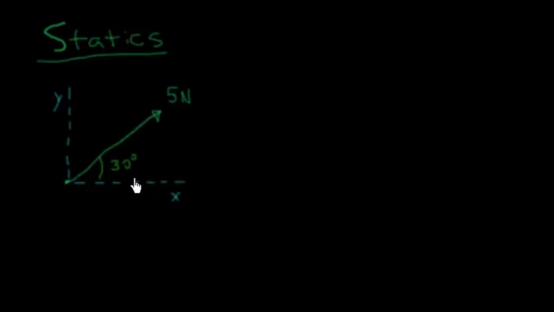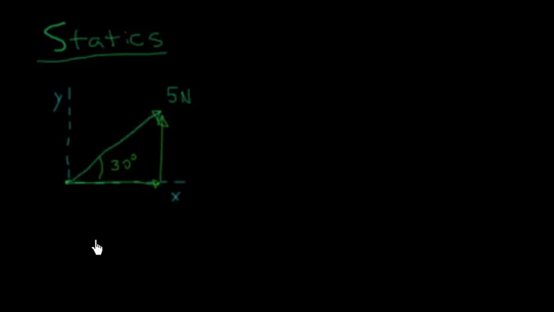That gives us a direction. Now if we want to use this vector to help us solve equations, engineering applications, the easiest way to take care of it is if we have it split into 2 components. One in the Y, a vertical component, and one in the X, a horizontal component.